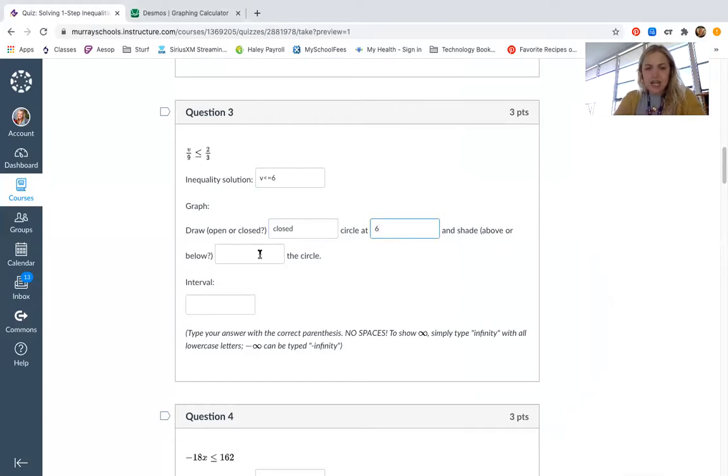And shade, on ours, we shaded below the 6. Our interval notation, parenthesis, this time negative infinity to 6. And then the bracket, which is to the right side of the letter P on your keyboard. Okay, that's what you're going to do on these sorts of problems.